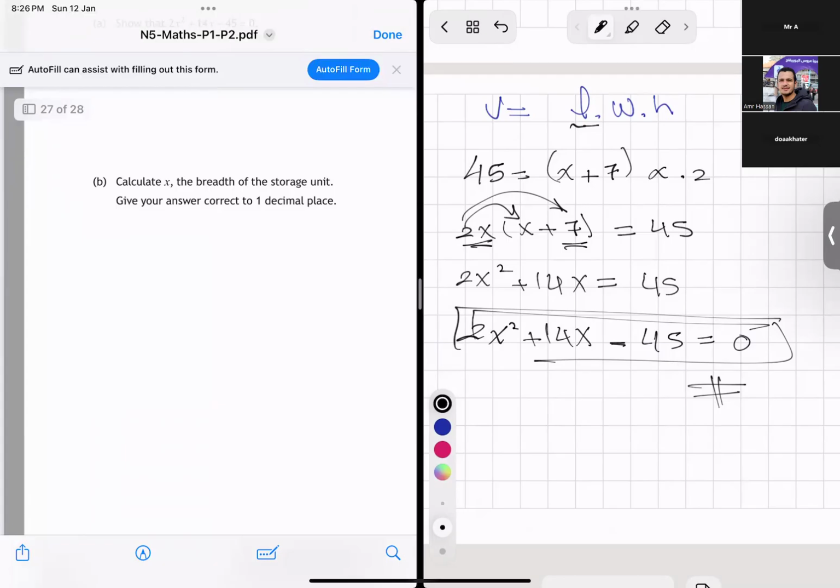Okay, the other one wants you to continue doing that. So in this case, we need to figure out what x stands for, which makes sense. We need to get the two solutions, because this one looks like a quadratic equation.